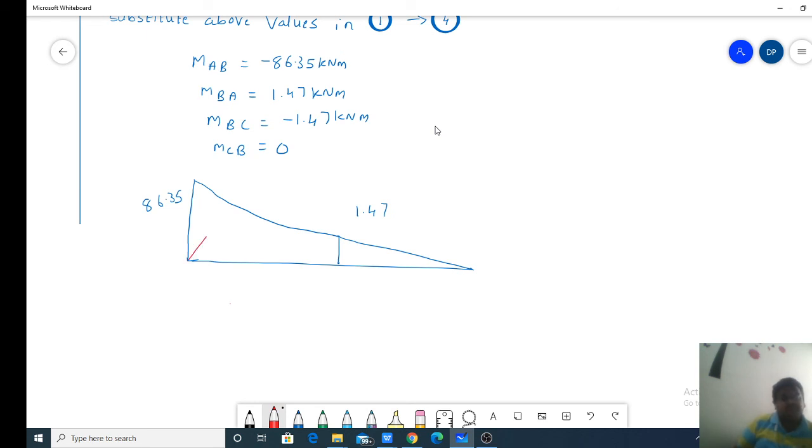So this I will draw as a parabola, right? Now you know that the point load is at a different distance, so I will draw the parabola and show the value here. It comes out to be 80 kilonewton meter, right?